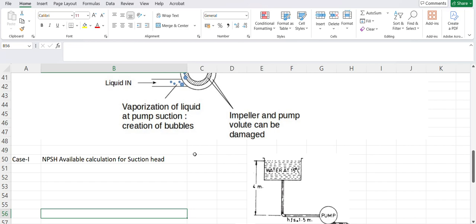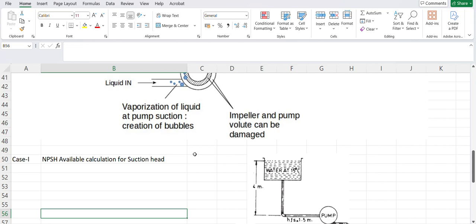Suppose you have to calculate the NPSH available for a particular reactor at the first floor or any tank, and below that tank we have a centrifugal pump for the transfer of that material. So we have to give the actual NPSH available in the process data sheet or URS to size the pump.